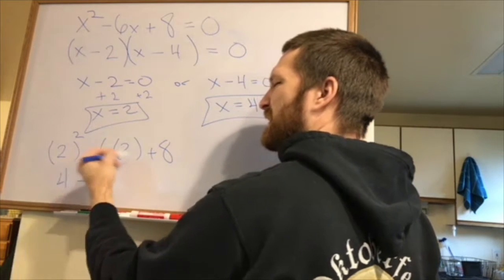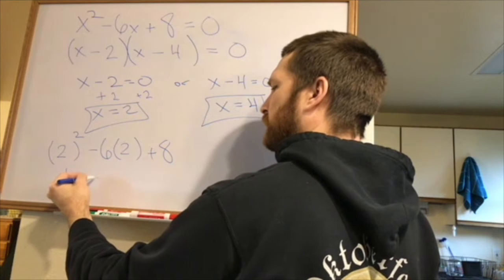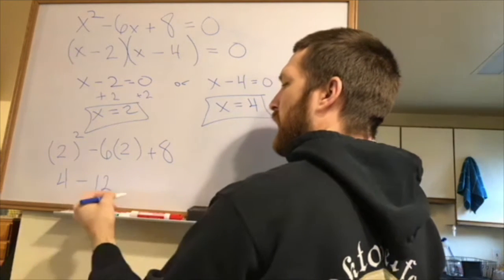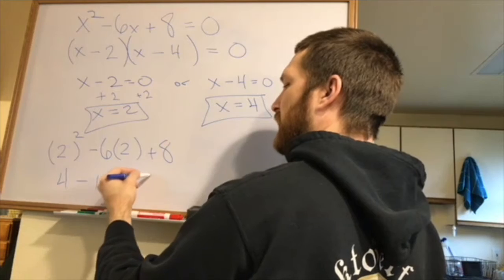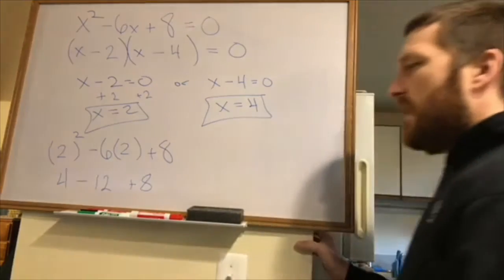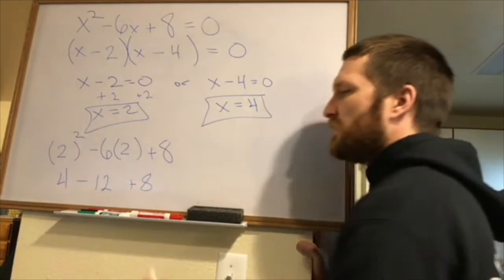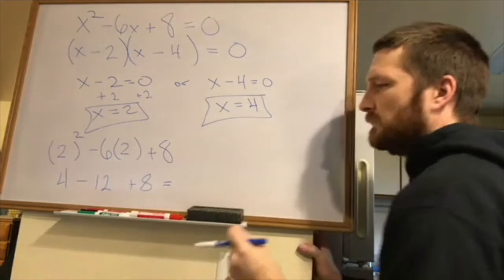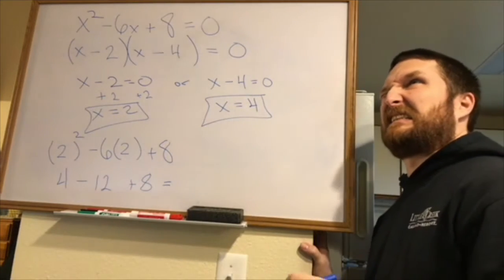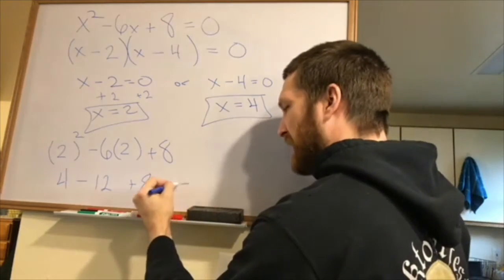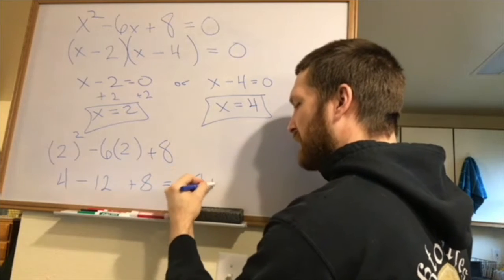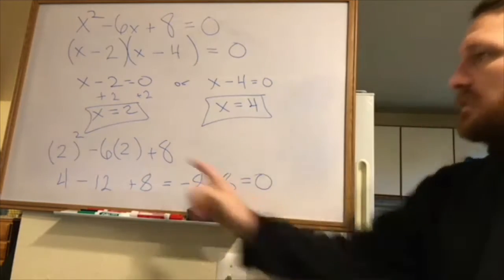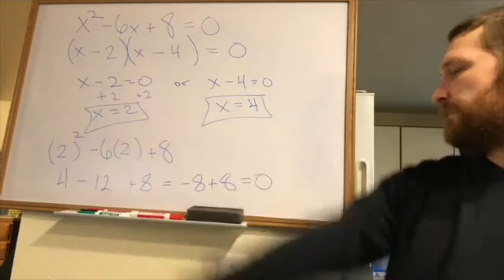What's 6 times 2? 12. Okay. And plus an 8. And what does this work out to? What's 4 minus 12? -8. I think so. Plus 8 equals 0. Okay, so that checks out. That one checks out. Nice.